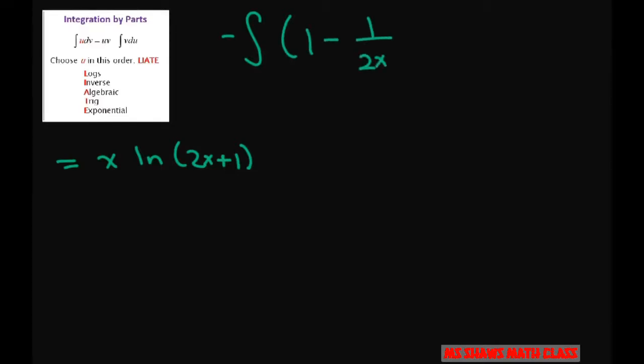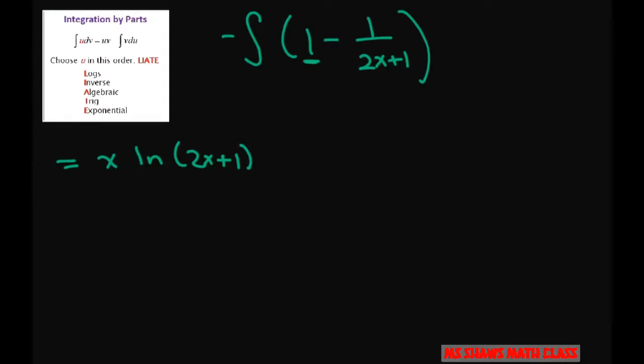So let's continue on. This is all going to equal x ln of 2x plus 1. And let me just write down what we had before. We had 1 minus 1 divided by 2x plus 1. So when you take the antiderivative of that, you're going to get x.